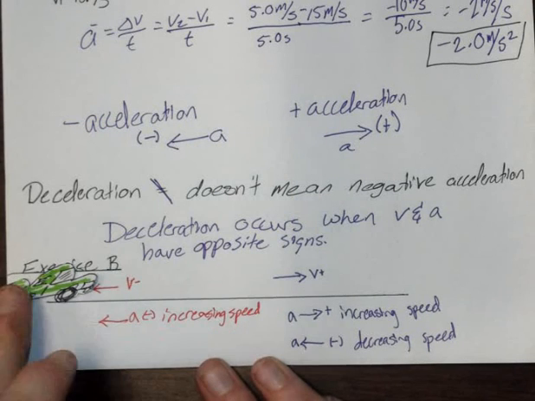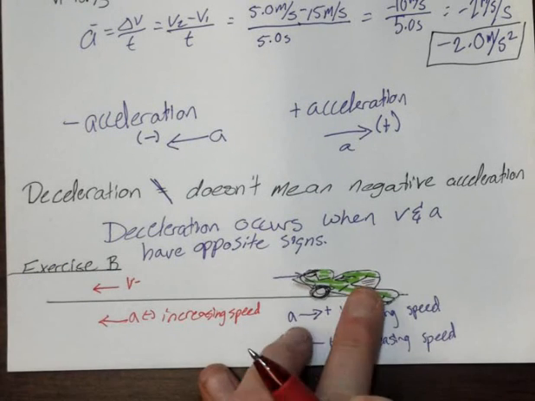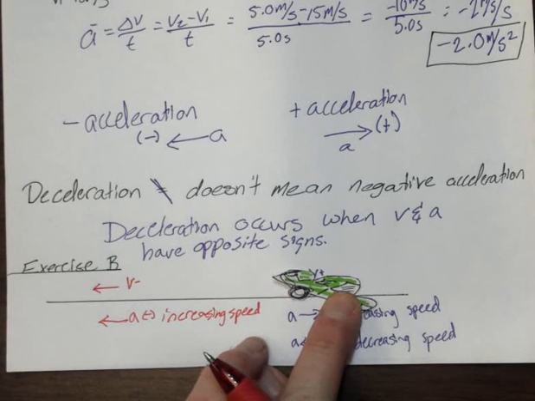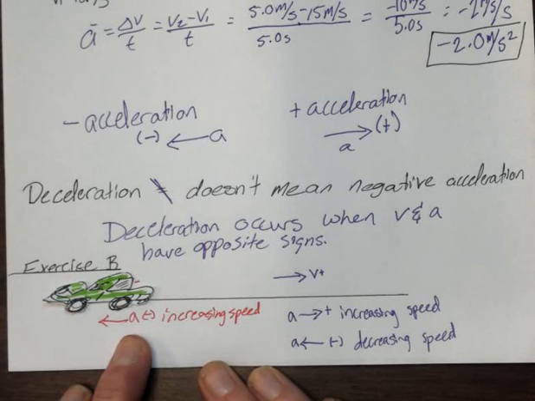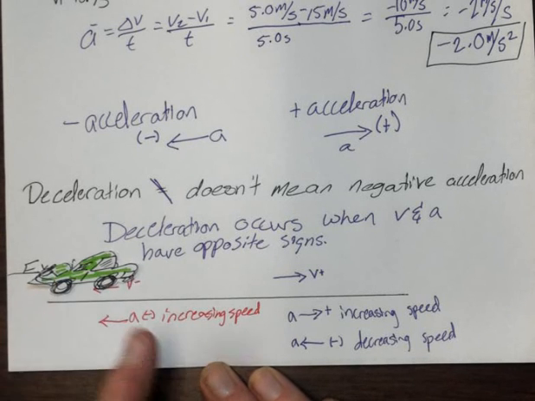The car is changing its velocity so that its velocity's magnitude is increasing, and that means that its acceleration is in the same direction as the velocity. That's a negative acceleration that caused the car to speed up because velocity and acceleration have the same sign.